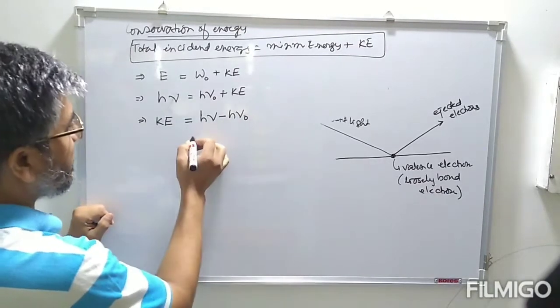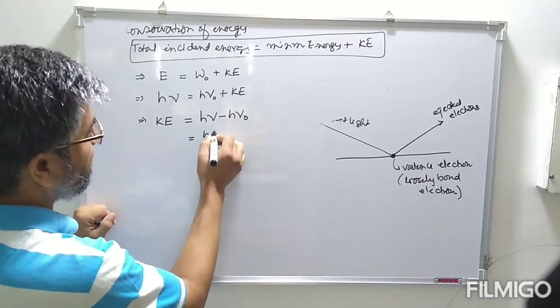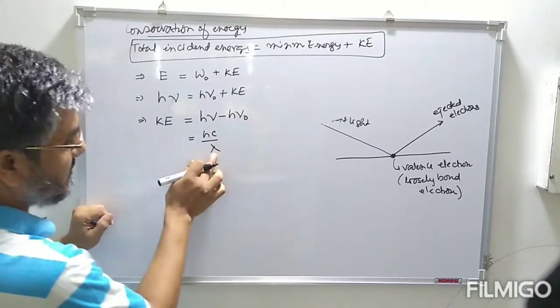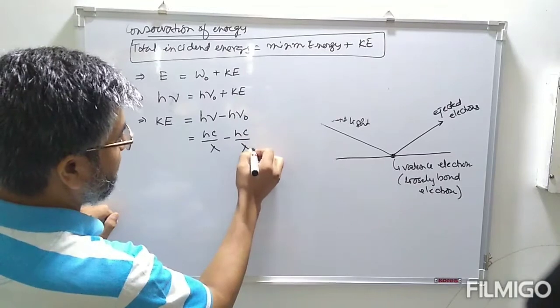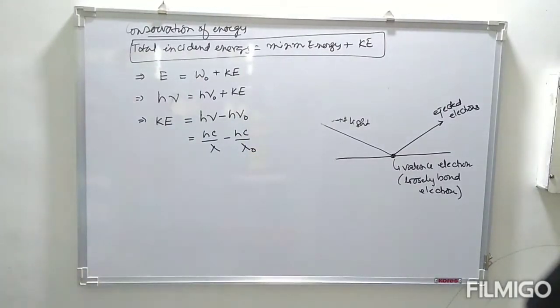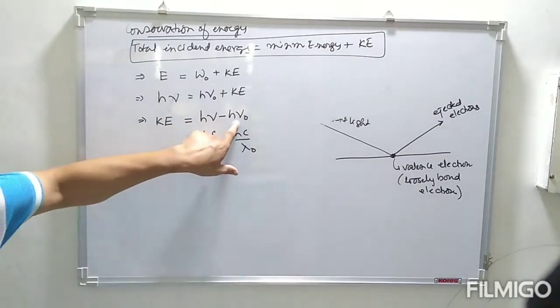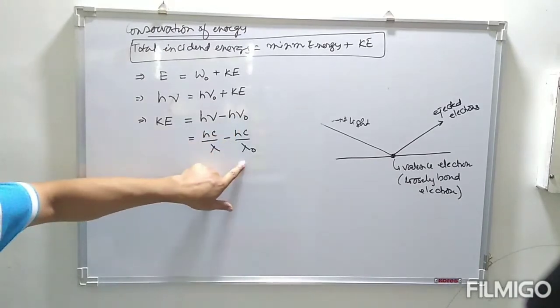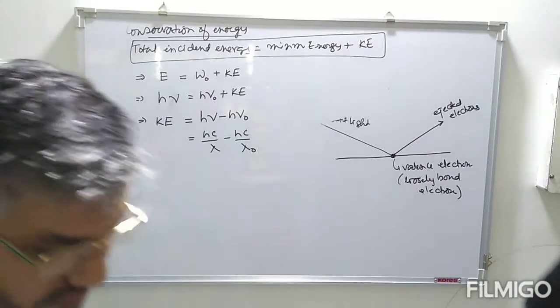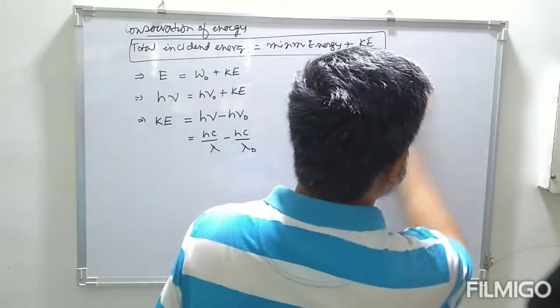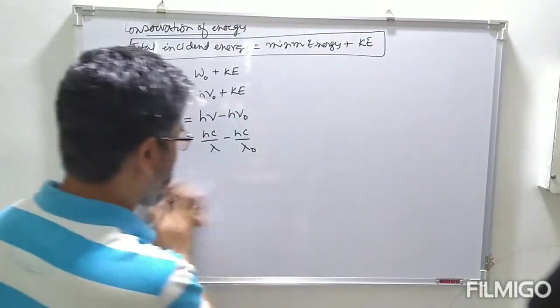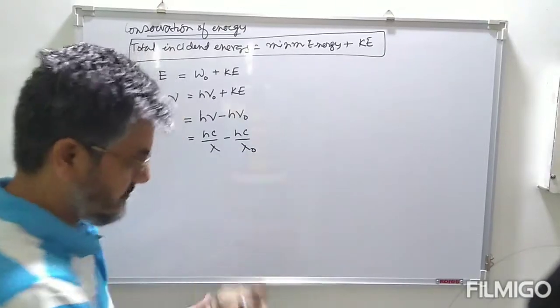So this is in terms of frequency. We can say hc by lambda, that is incident light wavelength, minus hc by lambda naught. So this is in terms of frequencies, this is in terms of wavelength of light used, and the minimum wavelength of light required for ejection of photoelectrons.